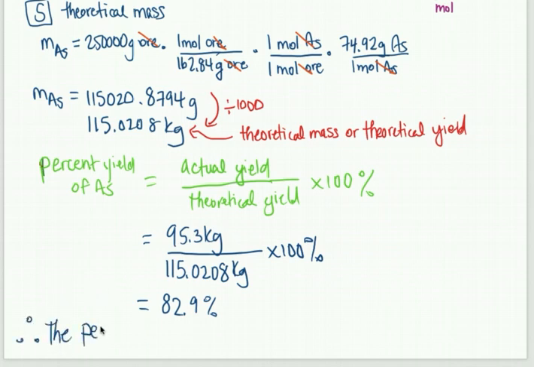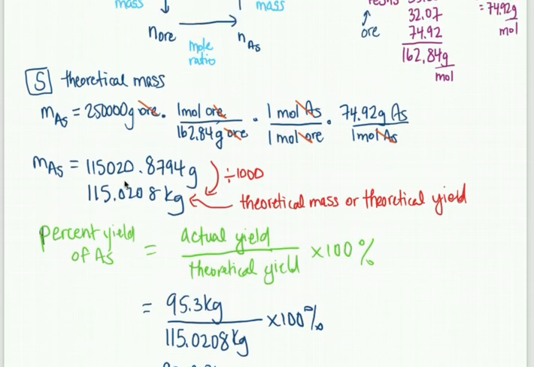So the percent yield is 82.9%. Oops. Let's say what it is. The percent yield of arsenic is 82.9%. All right. Okay, so not a lot of new stuff today.